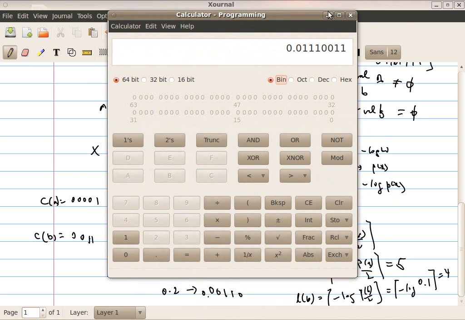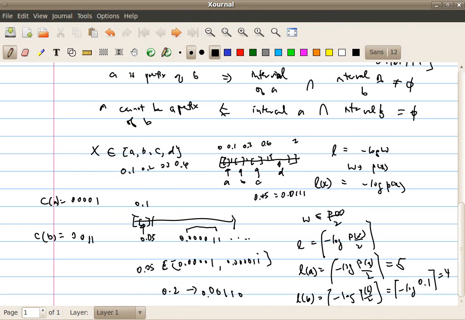And the length of codeword C should be minus log PC over 2, where PC is 0.3, so that's 0.15.